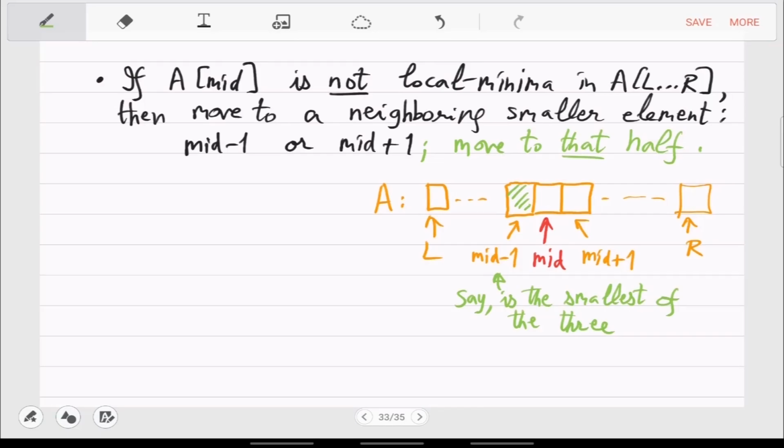So then you should update your subarray, which means should you update L or R? The left endpoint doesn't change, the right endpoint should change. So R should be updated to mid - 1, from here to here.